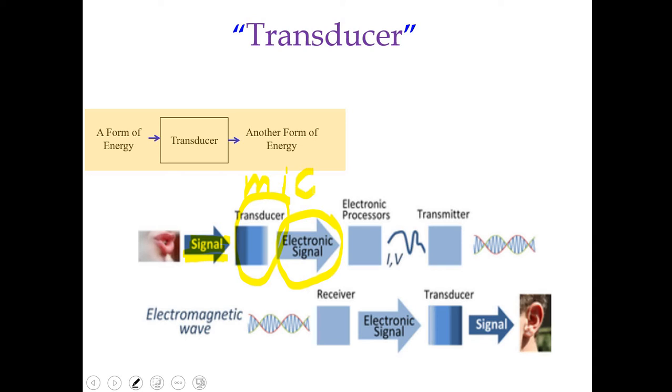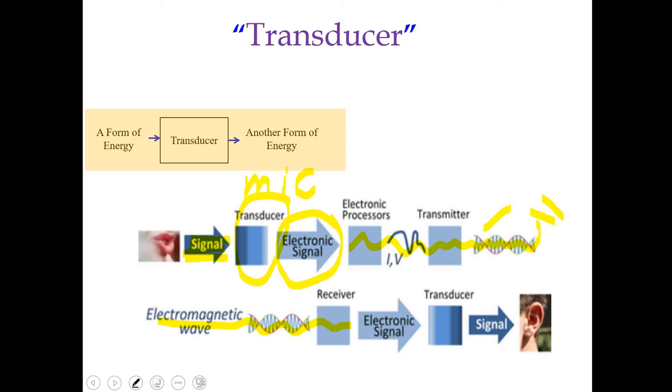This is your microphone, and then it goes to the processor, and it will be transmitted using the RF transmitter. Once it is received on the other side, at the receiver, it will be demodulated, because the transmitter had modulated it.